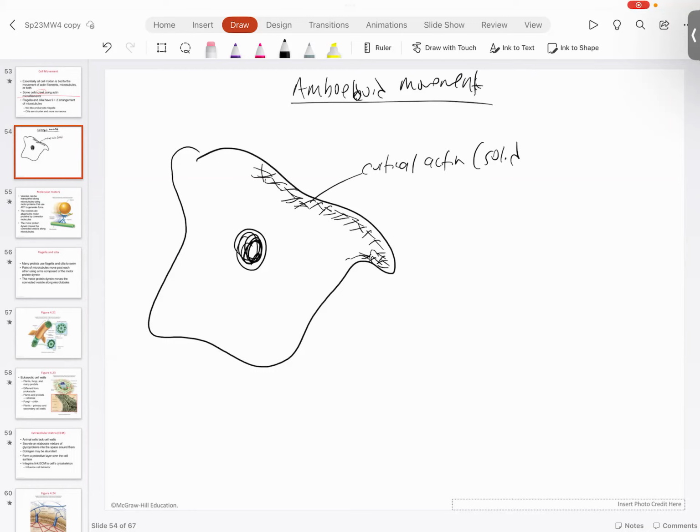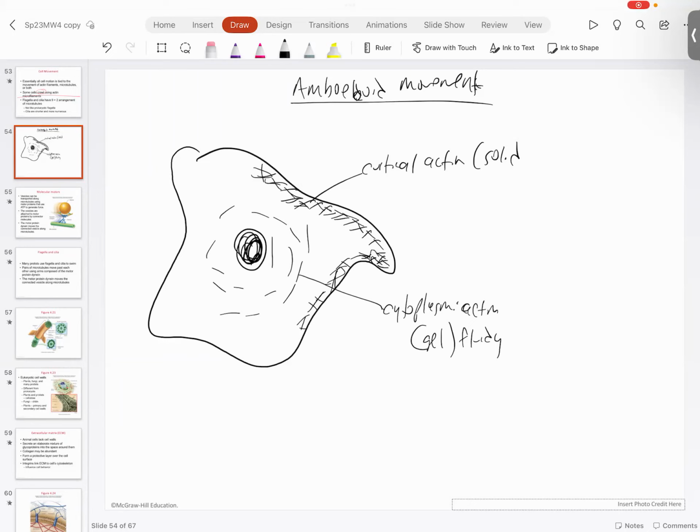However, in addition to that, around the cell in the cytoplasm is actin fibers that are sort of moving around, flowing around in the cytoplasm. And this is basically called cytoplasmic actin. It's kind of like a gel consistency. It's kind of fluidy. Has fluid dynamics to it.